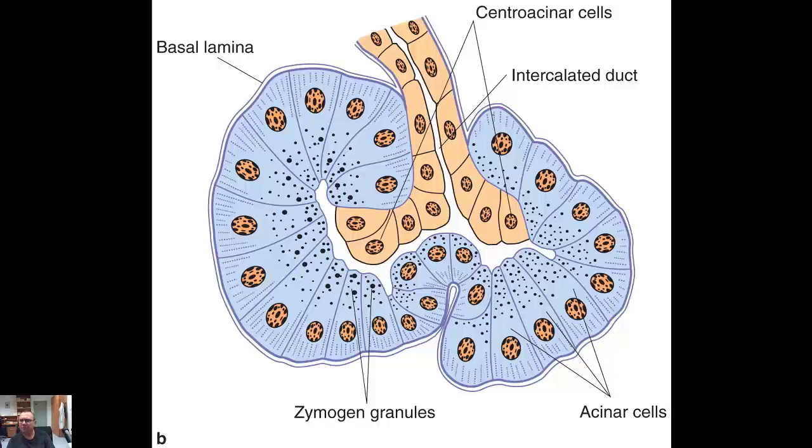Intercalated ducts are present in salivary glands as well, but in salivary glands they begin at this level. They don't penetrate into the lumen of the acinus.